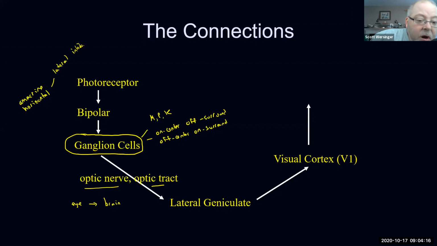Okay, so optic nerve is from the eye up to the optic chiasm. That is where essentially it enters the brain. From there on, it's called the optic tract. The optic nerve carries information from one eye only.